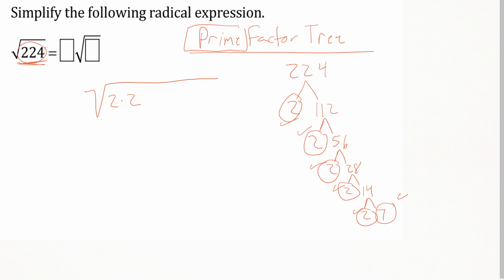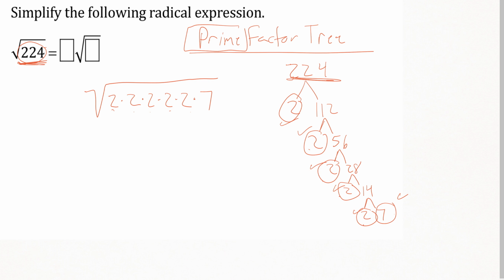So we're going to end up with another times 2, times 2, times 2, times 7. So we've got 1, 2, 3, 4, 5 2s, and a single 7. So we've grabbed all the numbers that when multiplied together equal 224, and we replace 224 underneath the square root.